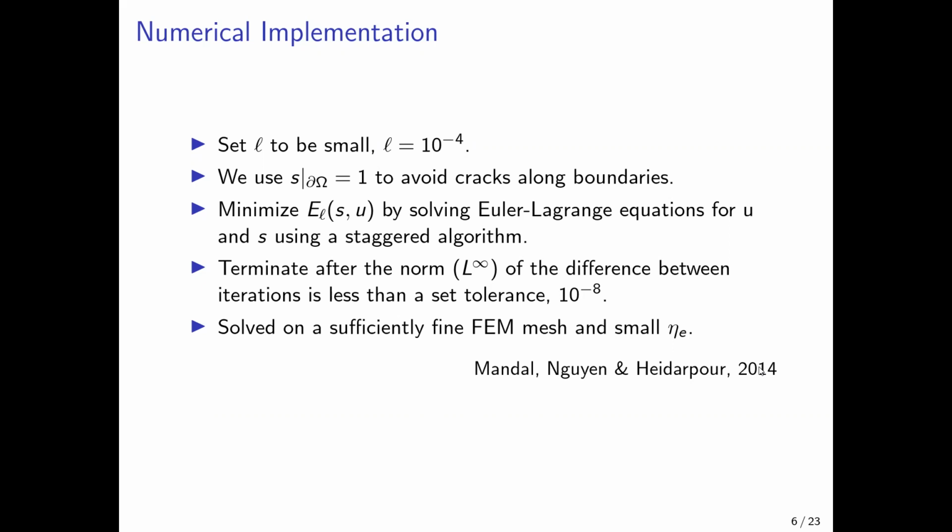So we use a staggered algorithm wherein we fix S to be 1 everywhere at first and then solve for U. Then we use that U to solve for S. And we continue this until the differences between the iterates of S are less than a tolerance in some norm. In this case, we use the L infinity norm and a tolerance of 10 to the minus 8. We also need to choose the finite element mesh to be fine enough and the residual elasticity to be small enough. But this is pretty well studied in the numerics of these phase field problems.